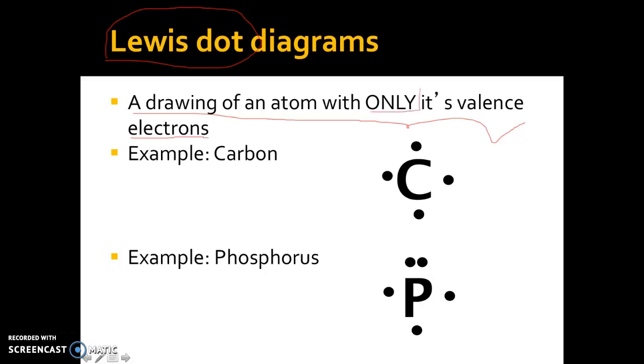So it's only the electrons in its outer shell. Carbon, the atomic number for carbon is 6. So that means that there's 2 in its first shell and 4 in its outer shell. They only have 2 shells. Its arrangement would be 2.4.